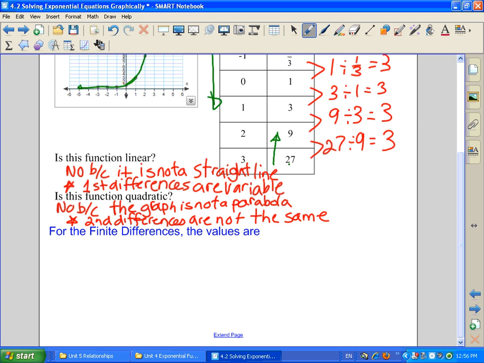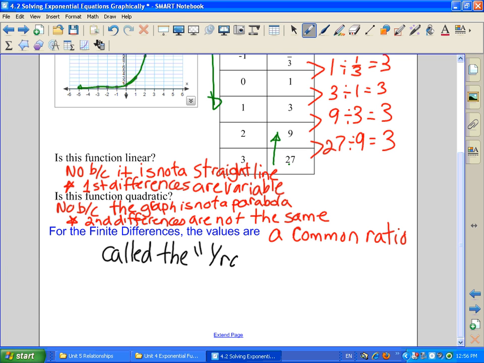For the finite differences, the values are a common ratio, and we call it the y ratio. So that's how you can tell from a table of values if your function is exponential or not.